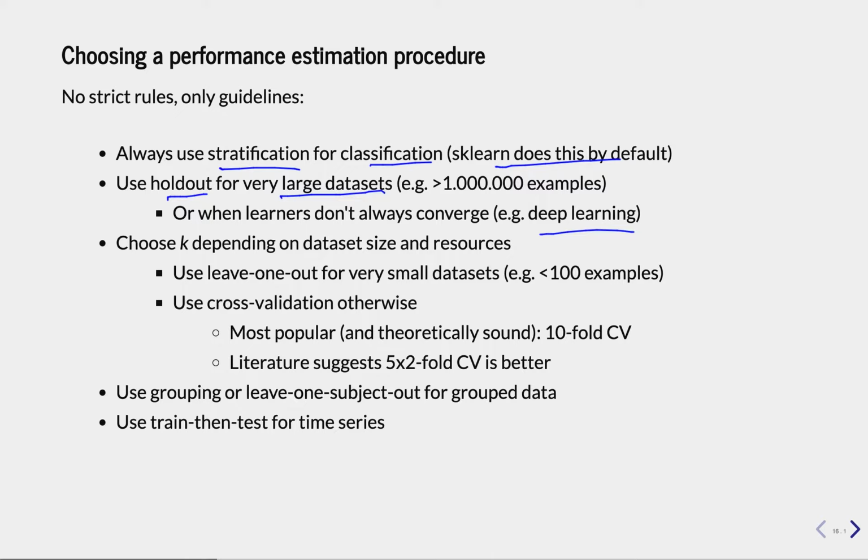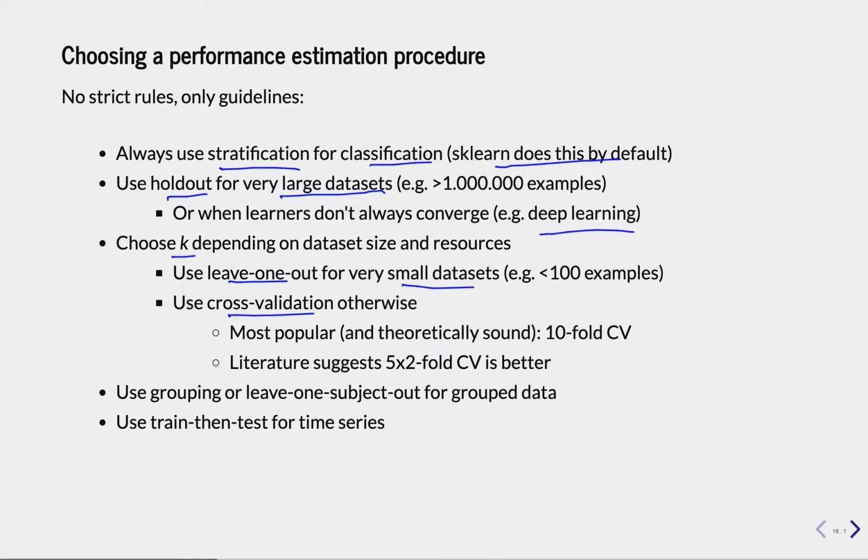Okay, if we choose cross-validation, then we need to choose the number of folds k. If you have a very small data set, like less than 100 or maybe a couple hundred examples, you can use leave-one-out cross-validation, because then you test really on every data point once. But if the data set gets larger, it's not recommended anymore, and it's better to use k-fold cross-validation.